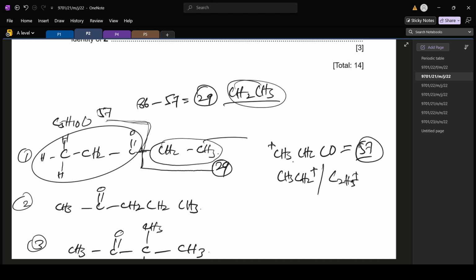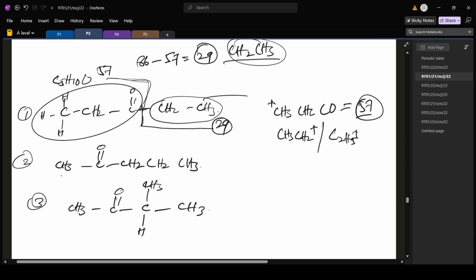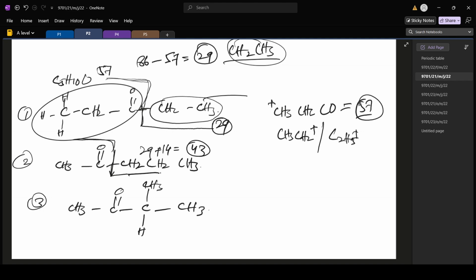So this means this ketone is pentan-3-one. Okay, and why can't it be the 2-one or the other isomers? Because if you break the molecule from here, you will not get 29 or 57. You can check this out. Here you will have 29 plus 12 plus 14, which gives 43.